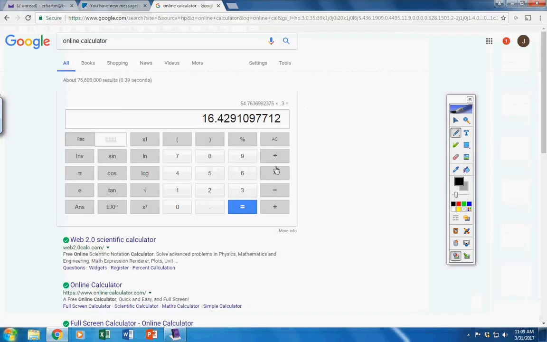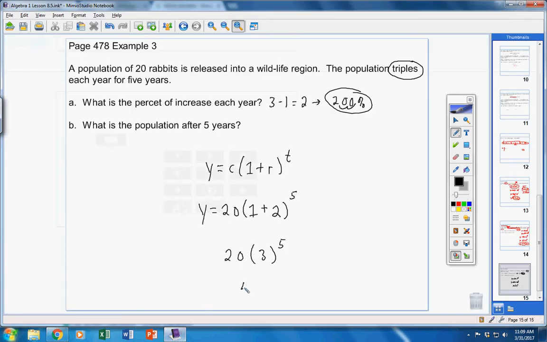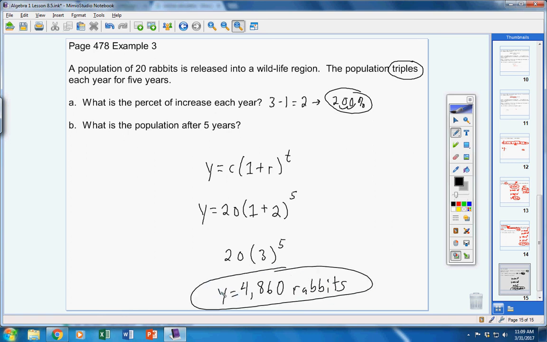So I have 3 to the 5th power times 20. And in just 5 years, you have 4,860 rabbits. And by the way, rabbits are known to reproduce very, very quickly like that, okay? So there's your population. I hope I did not lose you or confuse you, okay?